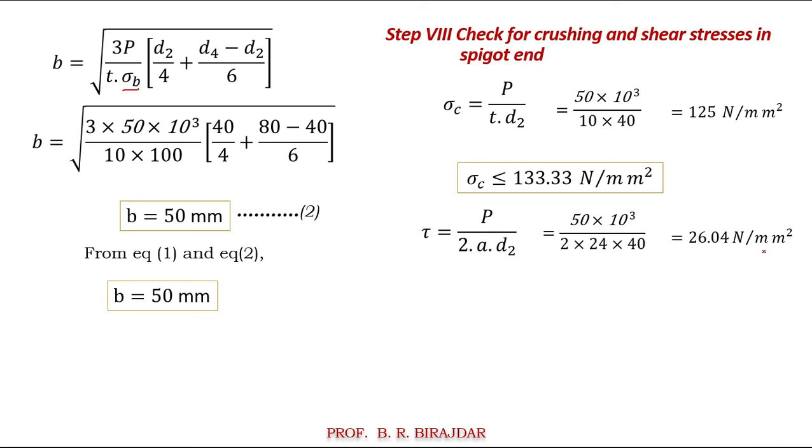So this is the stress induced for this given load and this dimension. Then what is the maximum allowable? It is 33.33 and we got 26.04. So this stress is less than the allowable. So again, this is safe. It can take the load, it can work easily.